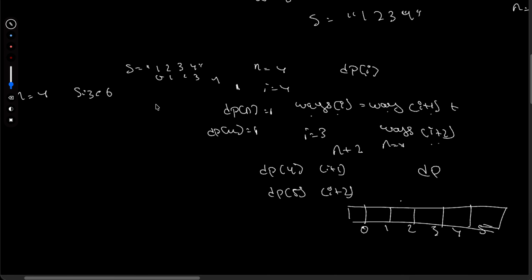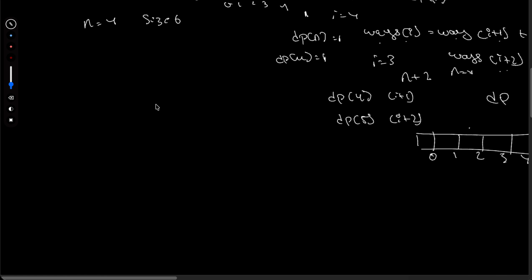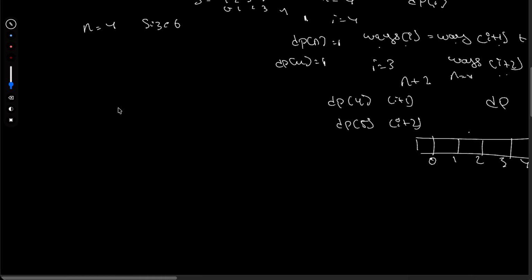See, if we calculate from left to right, at i equal to 0, dp of 1 and dp of 2 are not calculated yet. So the problem is this, so we go backward, starting at the last index. When we compute dp of i, dp of i plus 1 and dp of i plus 2 are already ready. So that's where we write a backward loop.